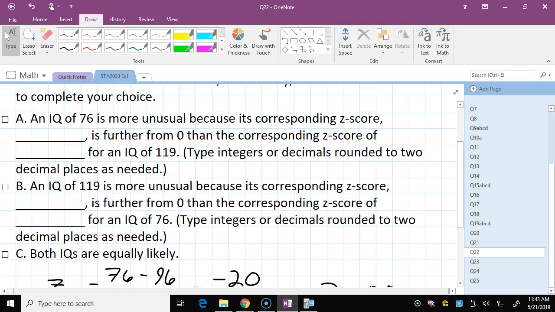It's got to be B, because it says 119 is more unusual. Because what was its z-score again? 2.30. And what was the z-score of 76? Negative 2.00. Cool beans? So you'd choose the B. And you'd fill in their z-scores.